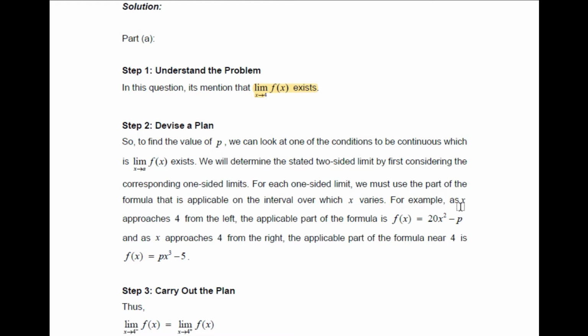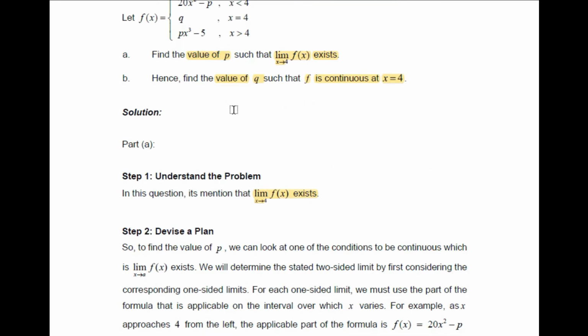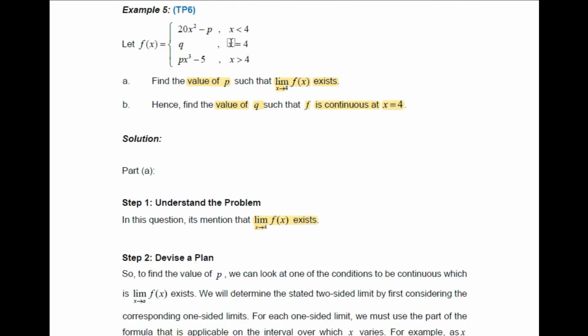For example, as x approaches 4 from the left, the applicable formula is 20x squared minus p.